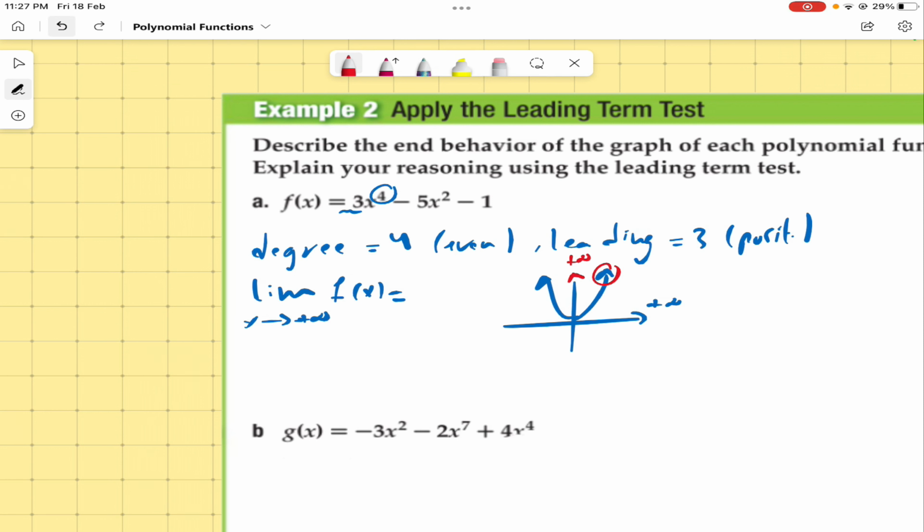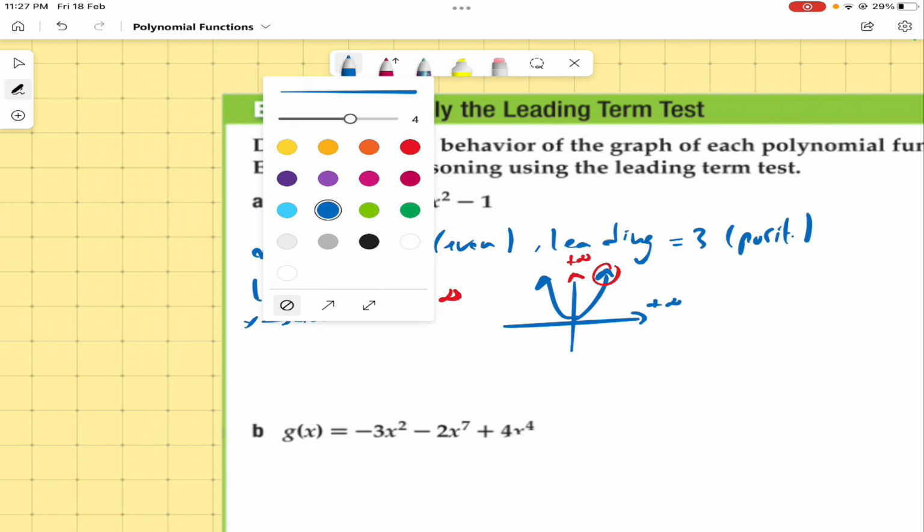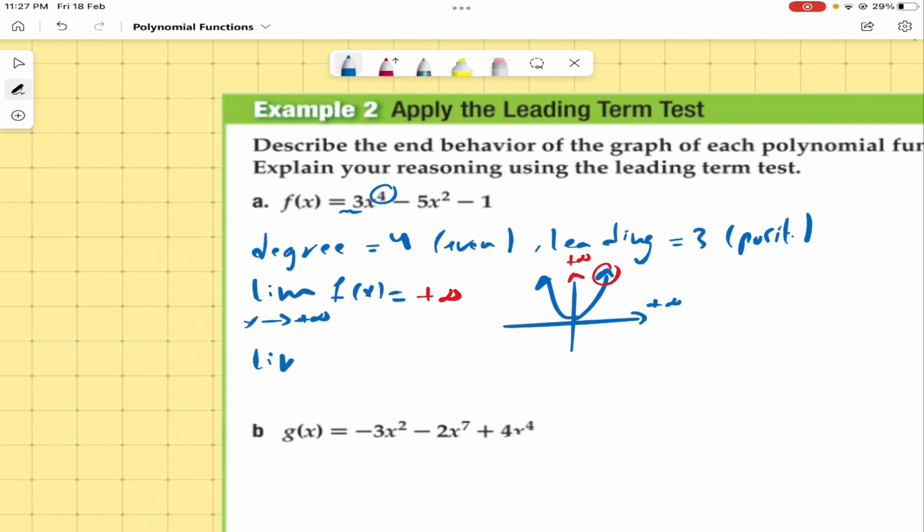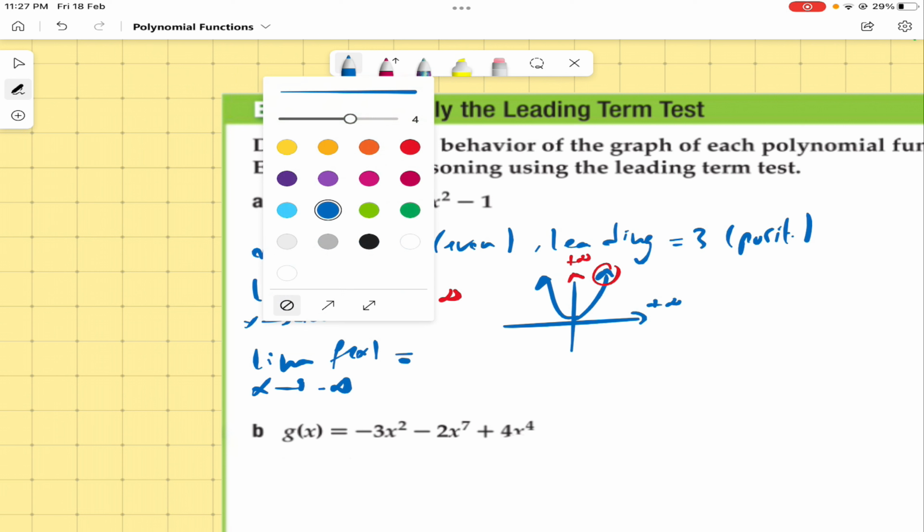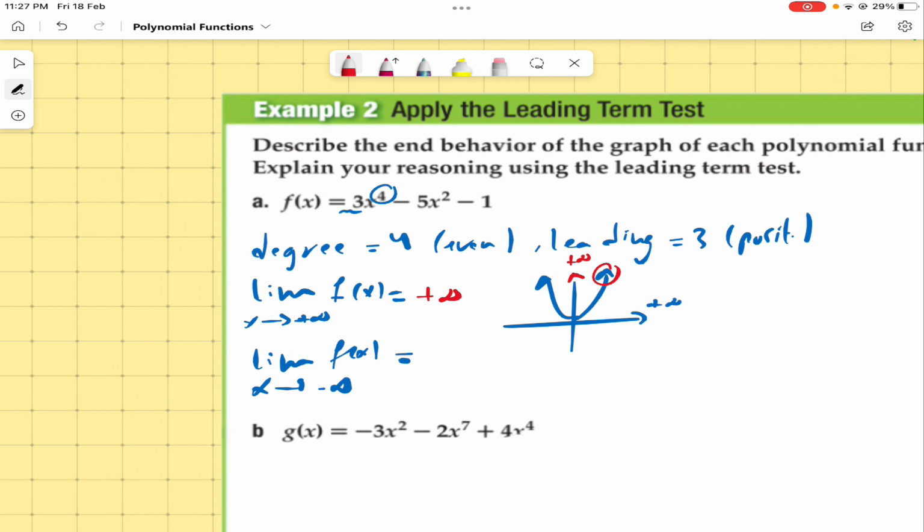So the answer is plus infinity. When x goes to minus infinity, we look at the left part where x goes to negative infinity, and the end behavior of the graph is going up, so also plus infinity.